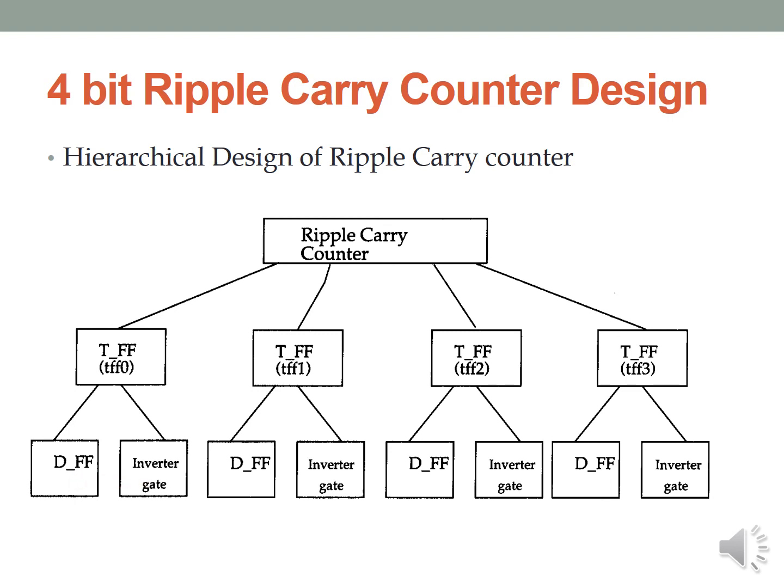The ripple carry counter is the top level block, and these T flip-flops can be used as either the sub-blocks or the macro cells depending on whichever design methodology we use. If carefully observed, this can be realized as a top-down design methodology or a bottom-up design methodology. So this is the hierarchical design of a ripple carry counter.